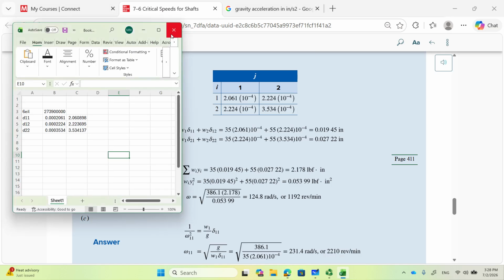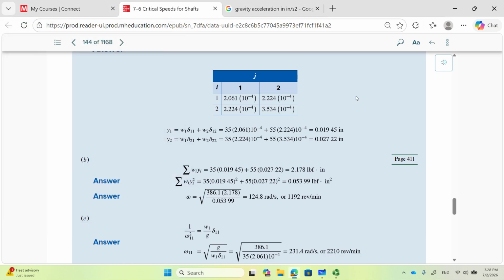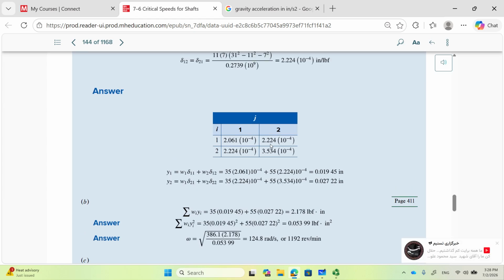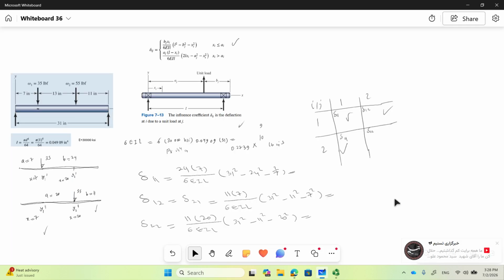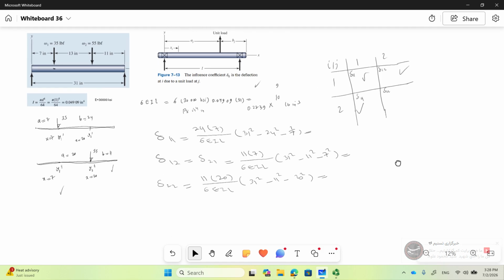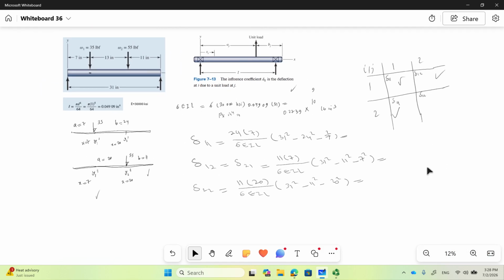Okay, so you saw how the deltas are found. Once I have the deltas, then y1: you remember these deltas are calculated based on unit loads. So y1 will have two parts. It will be delta 1,1, you remember it was the deformation at point 1 when the unit load is applied at point 1.